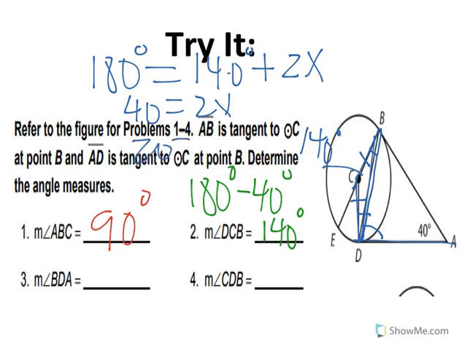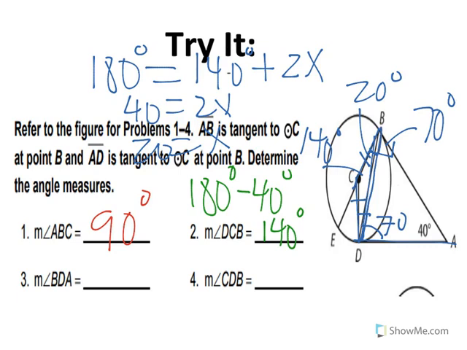So x is 20 degrees. So each of these smaller angles here is 20 degrees, and this angle is 90. So this part here must be 70, and this is also 70.